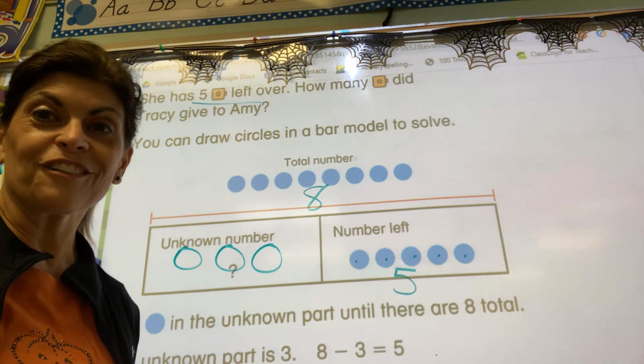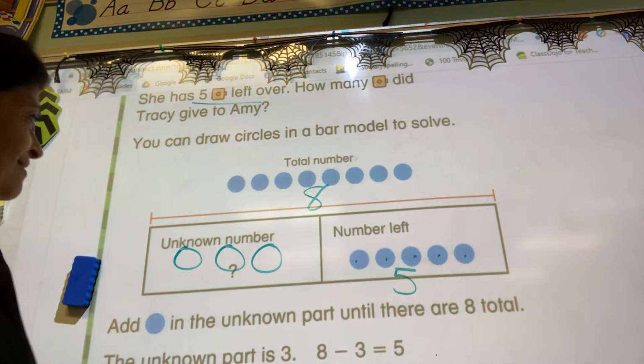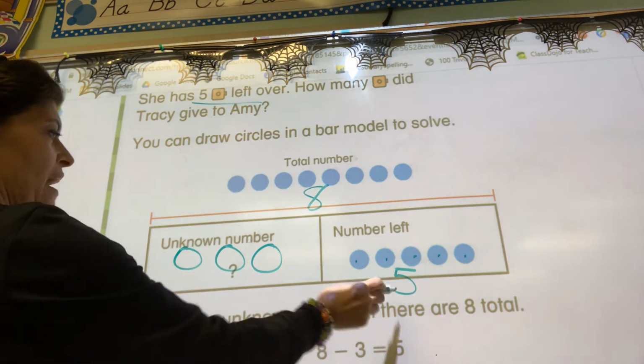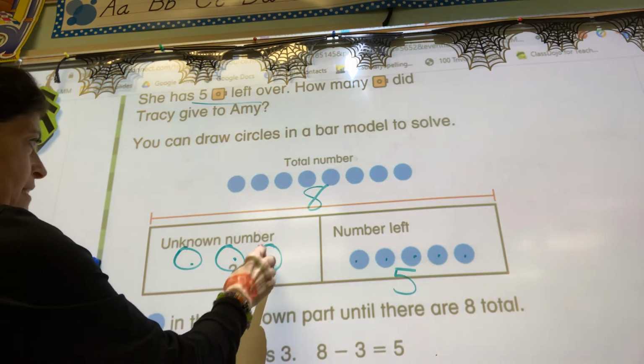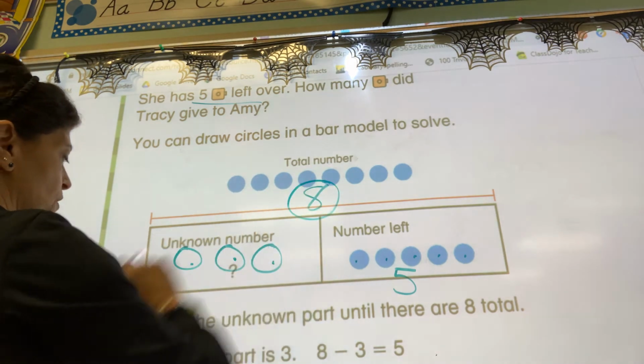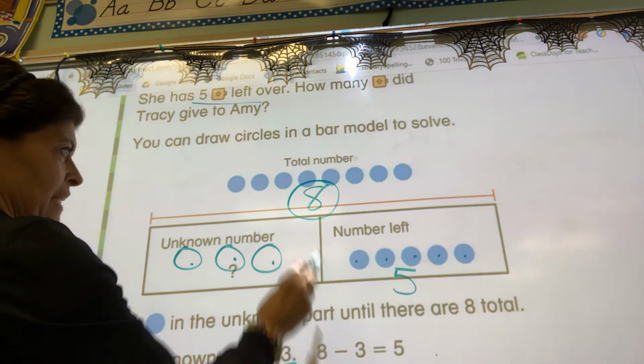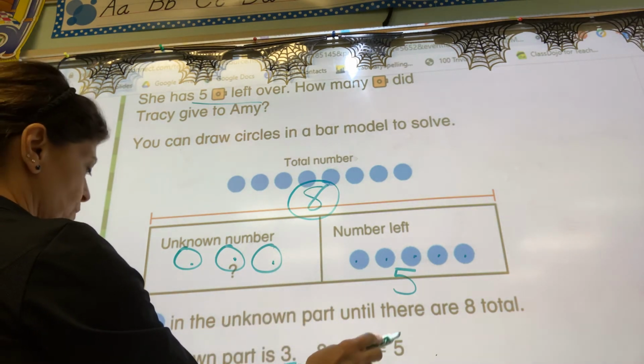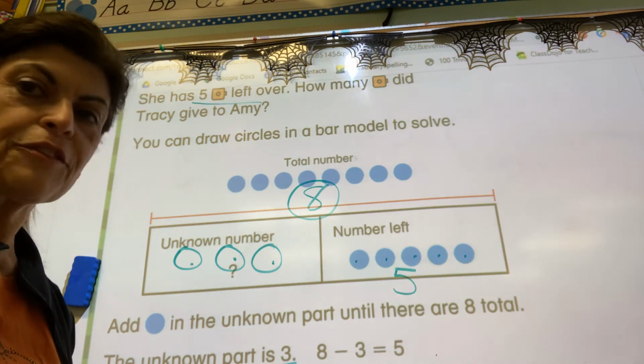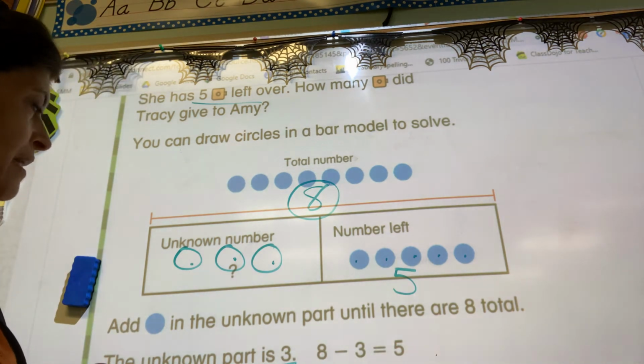So how many circles did I add? 3. So 1, 2, 3. So 5, 6, 7, 8. And that equals our total number. The unknown part is 3. 8 minus 3 equals 5. Tracy gives 3 cubes to Amy.